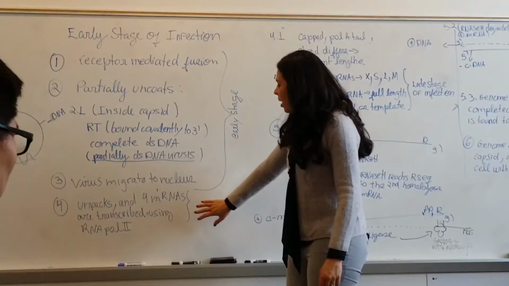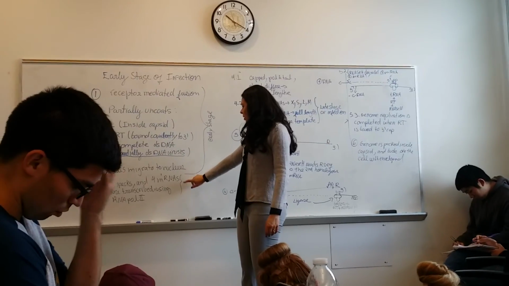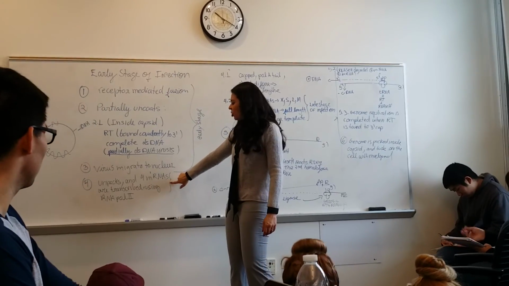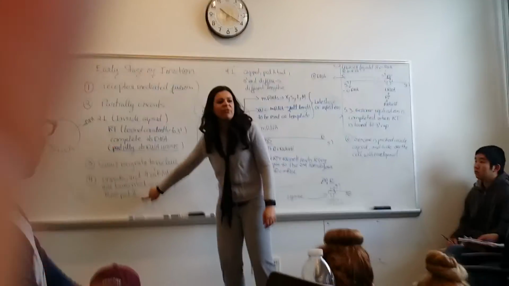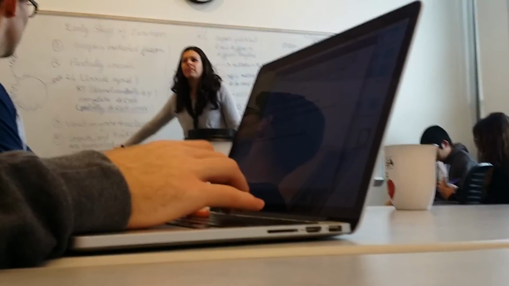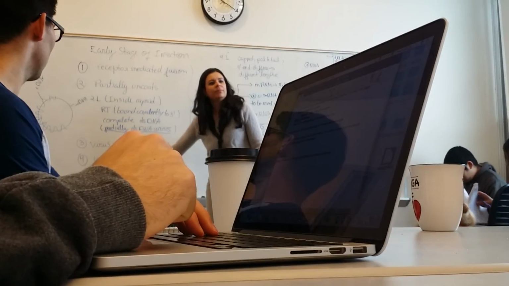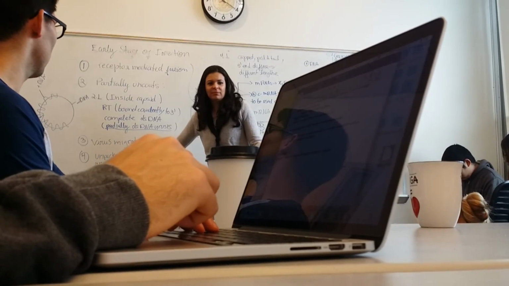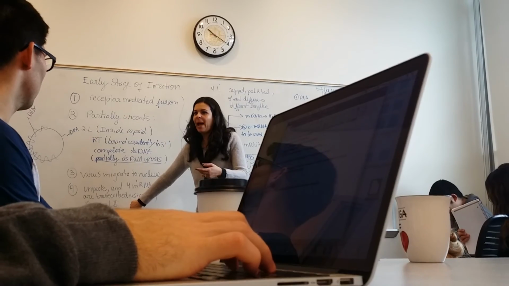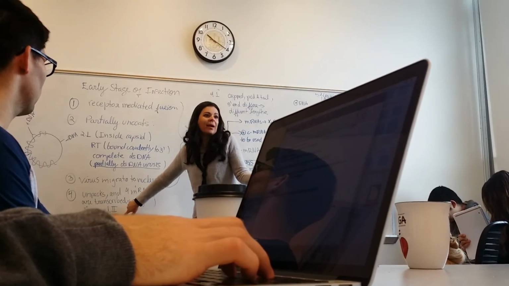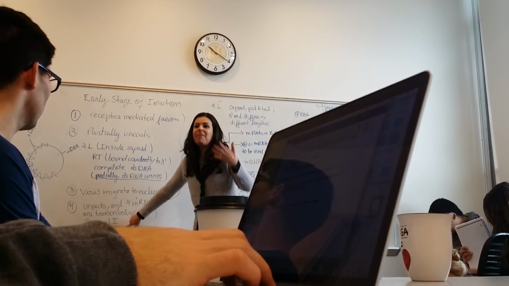Then, the fact that it produces 4 different kinds of messenger RNAs using RNA polymerase II. How is it advantageous to use the cell's RNA polymerase II? It has the ability of capping and poly-A, and it's already available. It's already made.